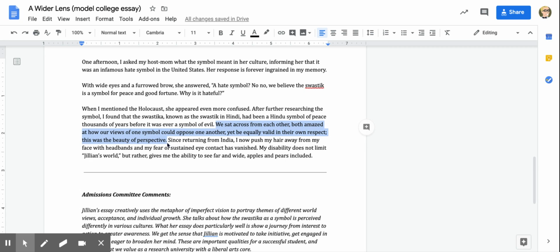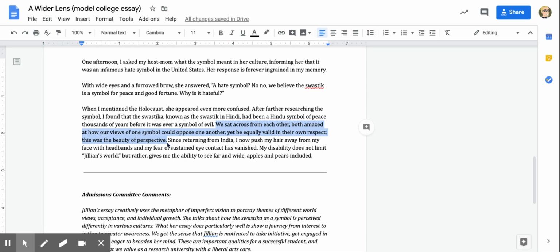But Jillian doesn't stop here. This isn't the end of the essay. There's still a couple of sentences. And this makes the essay more effective, I think. Guys, I've read a lot of guidebooks. I've read a lot of websites that offer advice on writing college essays. And a lot of them say that writing about how a trip to a foreign country, like a missions trip, has helped you appreciate other cultures is kind of a cliche. And I'd say that's probably true.